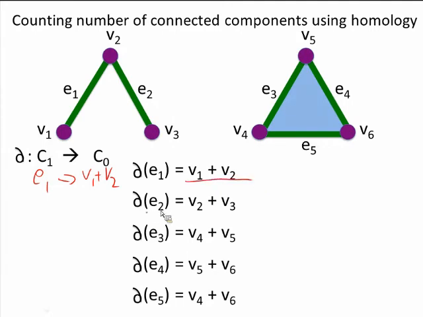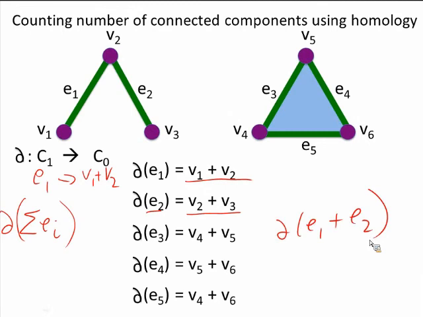The image of E2 is just its boundary, V2 plus V3, etc. But remember, C1 is formal sums of my edges. So I have to say where an arbitrary formal sum goes. So I want to know where the boundary of E1 plus E2, for example, goes. So what is that? What is its image?